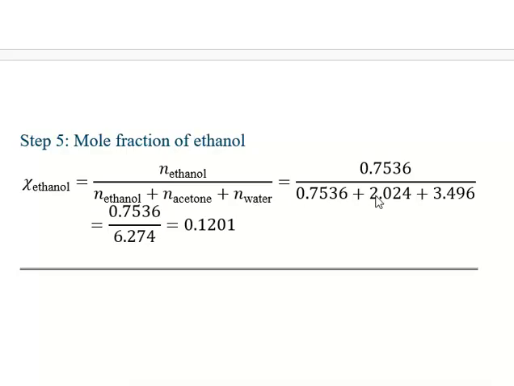Total number of moles is 6.27 and number of moles of ethanol is 0.7536. Okay, divide this number of moles with total number of moles. The mole fraction of ethanol is 0.1201. Okay, that is the numerical we have solved with respect to ethanol.